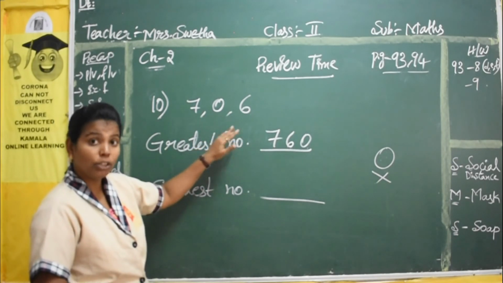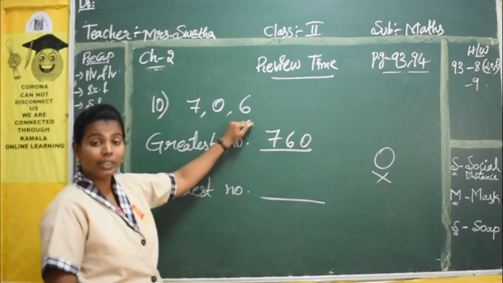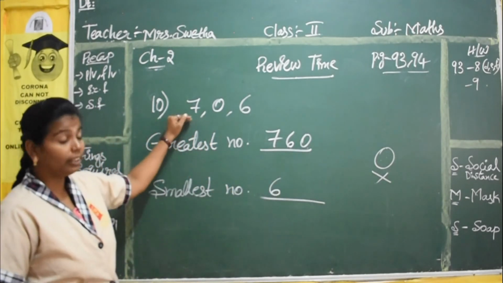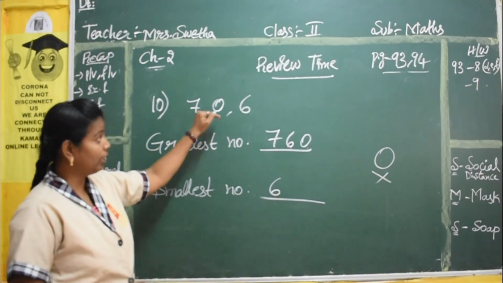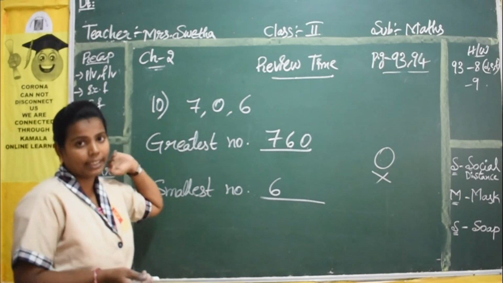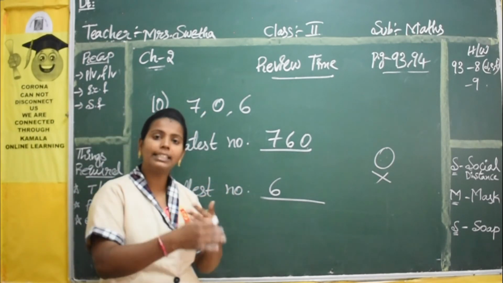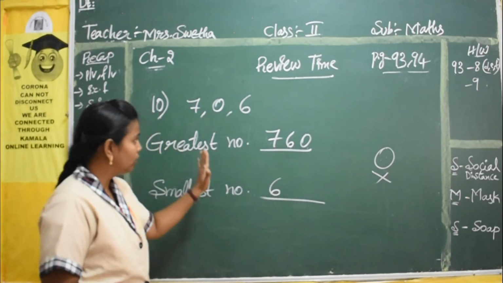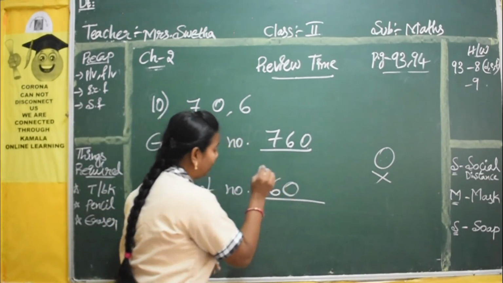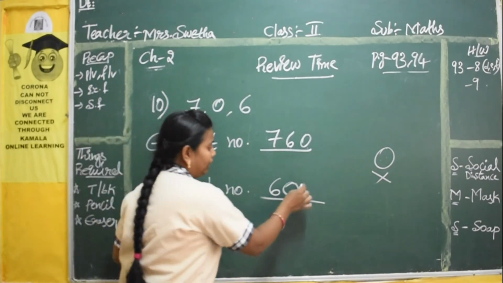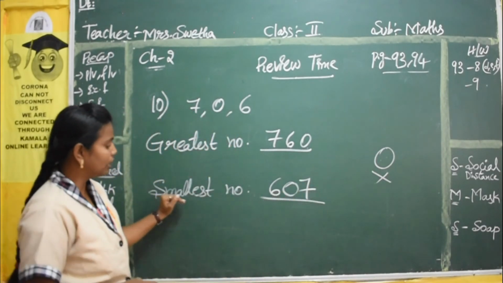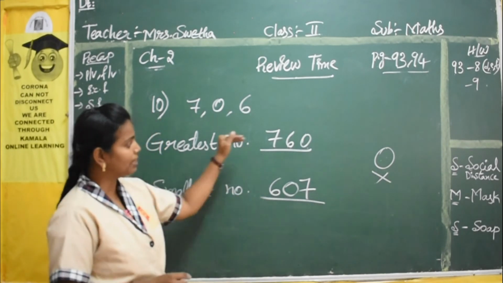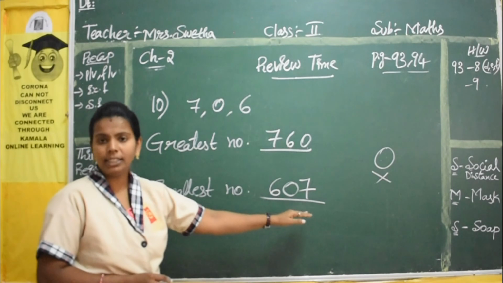From 0 and 6, the smallest is 6. In 7 and 0, you can take 0 in the second, third, any place, but not in the first place. So 0 in the second place, then the left out number 7 in the last place. The smallest number formed is 607. Greatest number is 760, smallest number is 607.